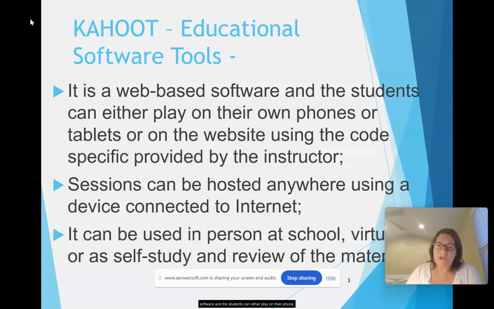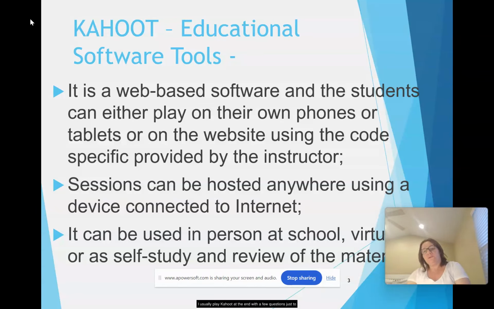It's web based software, and the students can play on their phones, tablets, or website. They just need to have the code provided by the instructor. The session can be hosted anywhere using a device connected to the internet, and it can be used in person at school, virtually, or as self-study and a review for the material.